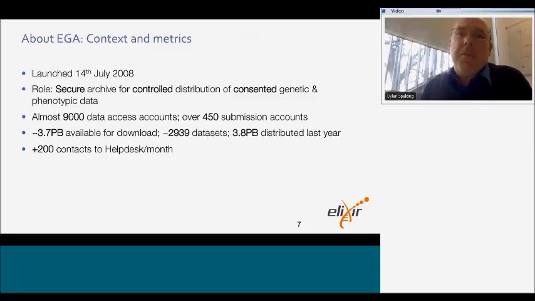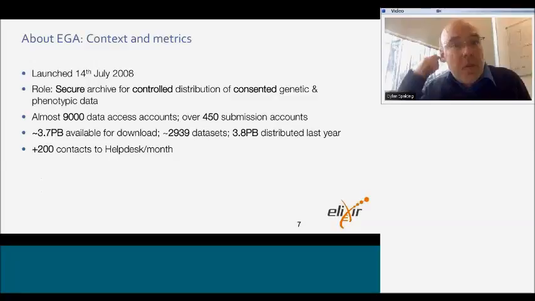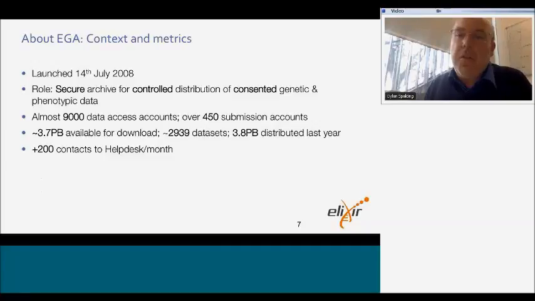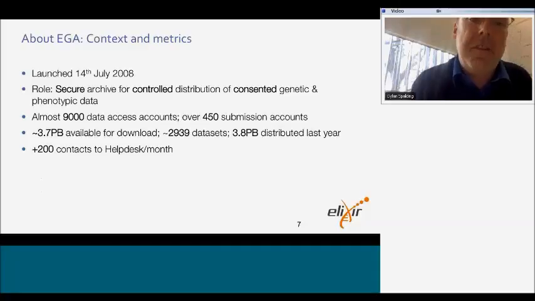So, some context and metrics for the EGA. The EGA has been going for about 9 years, and its role is a secure archive for the controlled distribution of consented data. We actually have almost 9,000 data access accounts now, and over 450 submission accounts. These can be either consortia or individual laboratories.